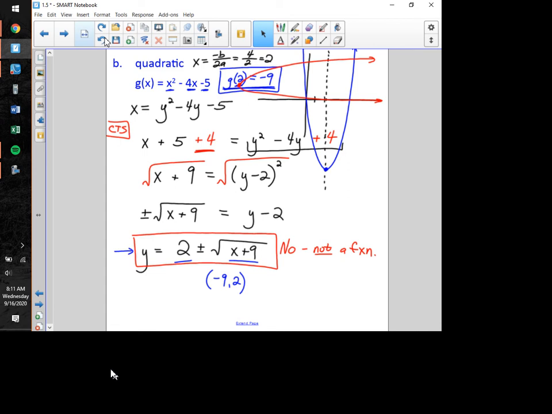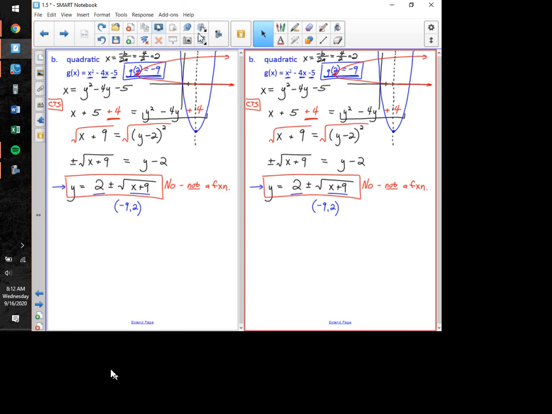Every function has an inverse. However, not every one of those inverses is a function. So as we look at these two problems right here side by side, what do I want to do? Where's my dual page display thing? There it is. All right. As we look at these two problems side by side, there we go.